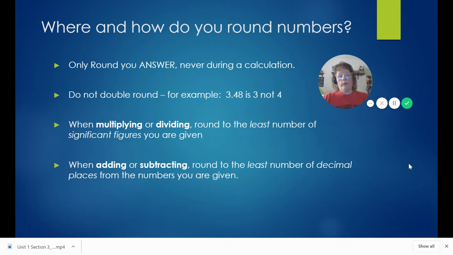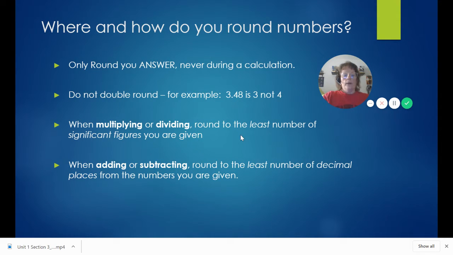But we've got to talk about how to do that. And you don't double round. So, for example, 3.48 is 3 and not 4. Okay, 3.48, you could say 3.5, but again, it depends on the number of significant digits you have to have in your answer.